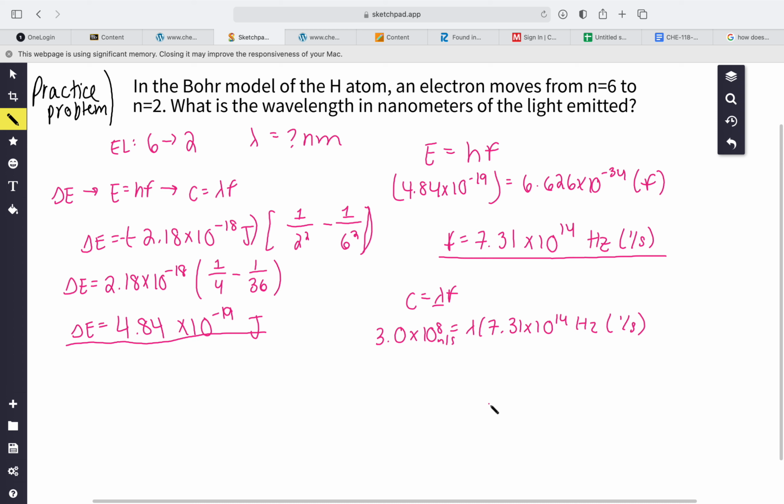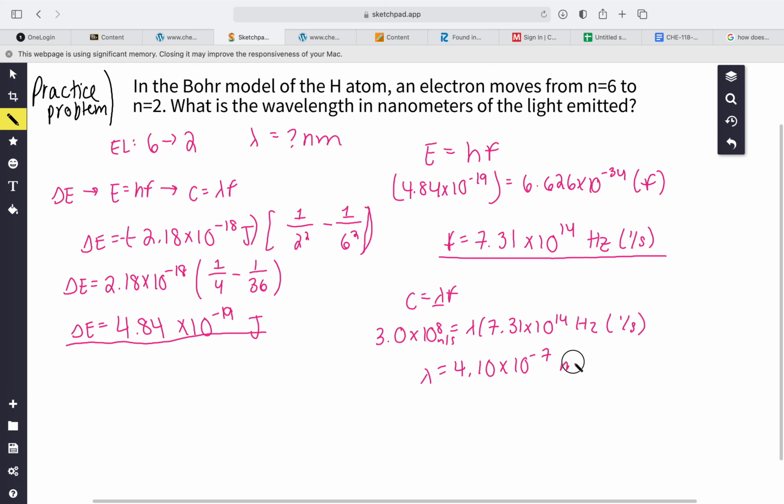We will get through it. 3 times 10 to the 8th, divided by our frequency, 7.31 times 10 to the 14th. And for lambda, I got 4.10 times 10 to the negative 7.